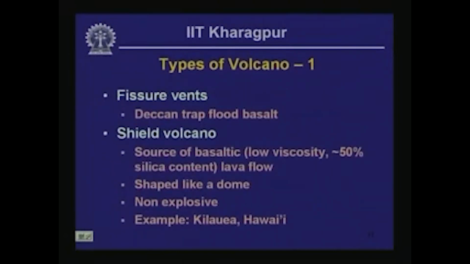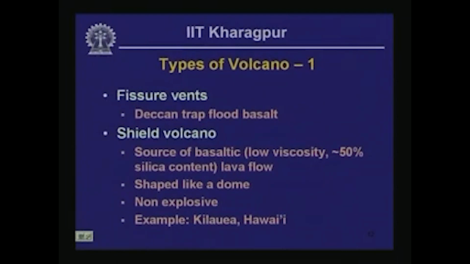Okay. Now, as we have noticed earlier, one of the factors that is very important in assessing the damage due to a volcanic eruption is the explosiveness of a volcano.